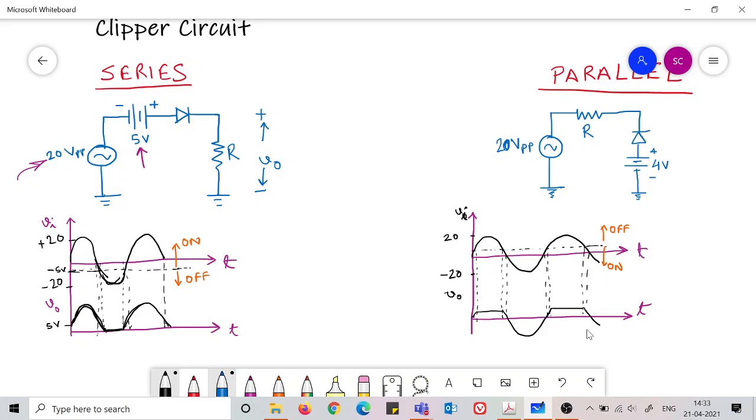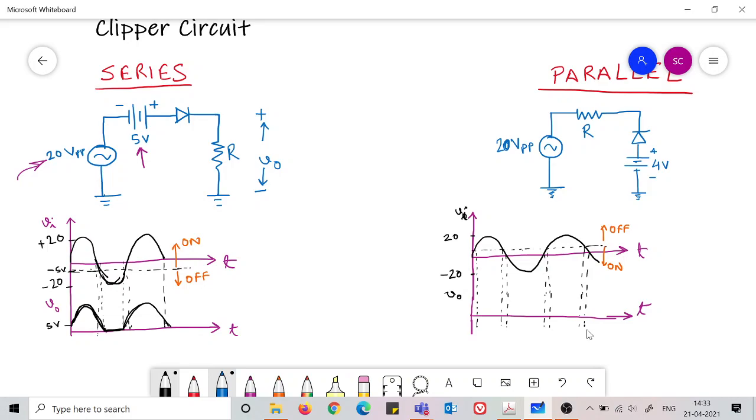This should be shifted 4 volts downwards, because we are trying to draw the V0.